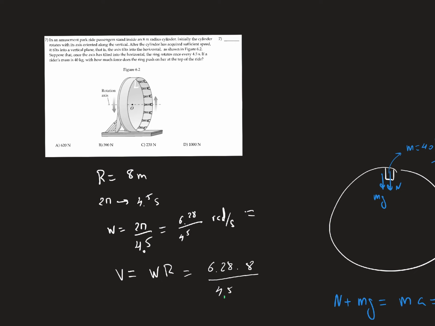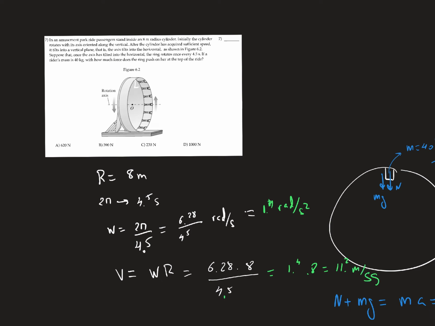Okay, 6.28 divided by 4.5 is 1.3. Well, it's 1.4 essentially, because it's 1.395 radians per second. So this is the angular velocity, and what is 1.4 multiplied by 8? It is 11.2, right?